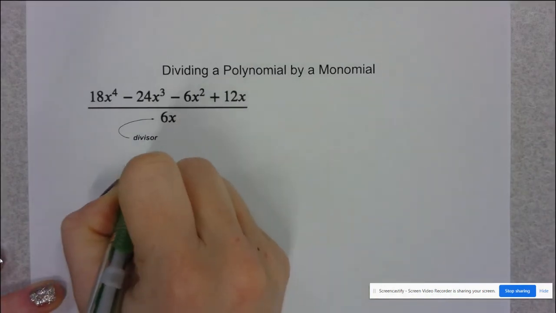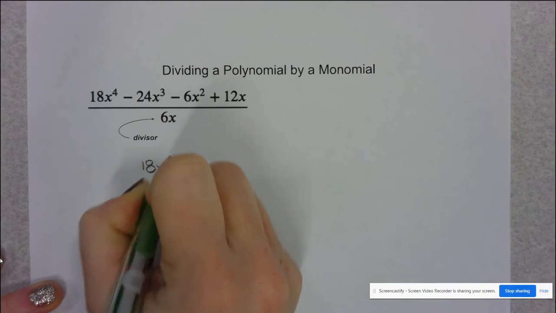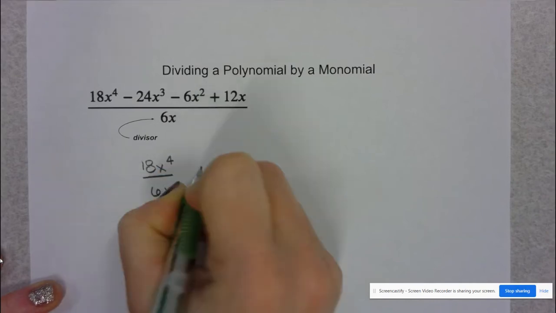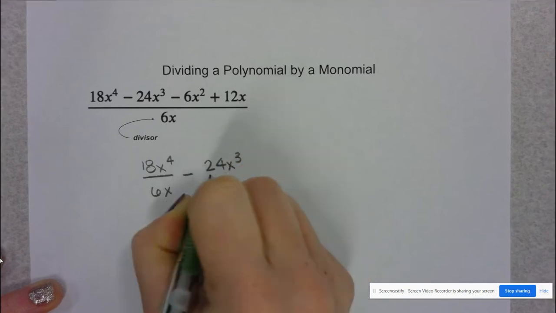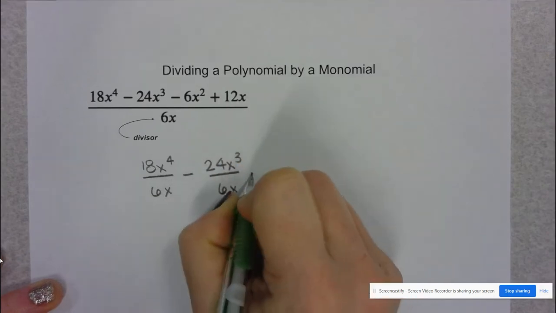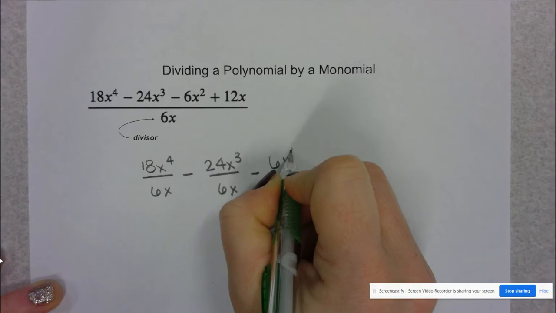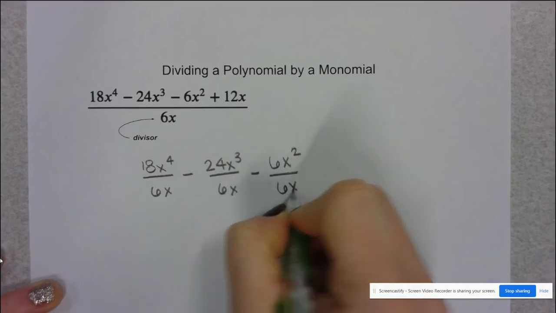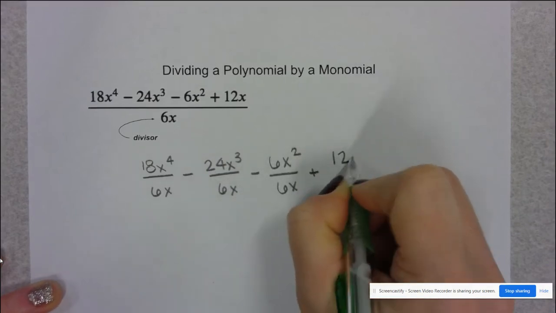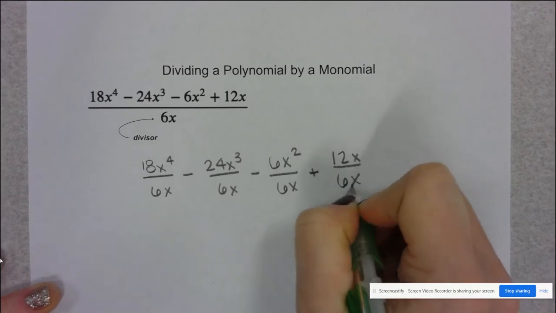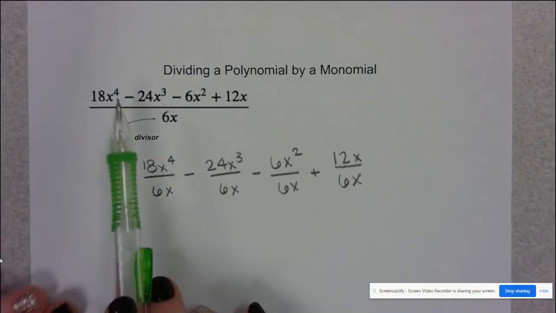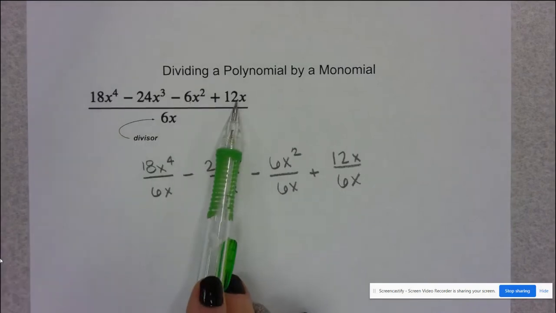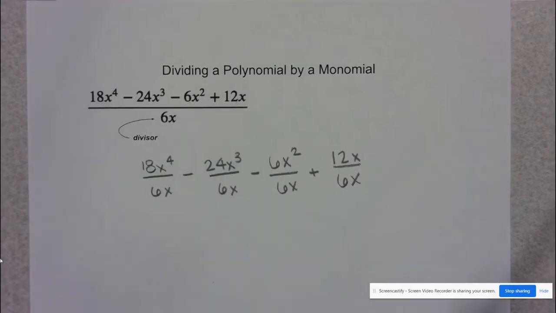So really what I'm thinking is 18x to the fourth divided by 6x minus 24x cubed divided by 6x minus 6x squared divided by 6x plus 12x divided by 6x. So now I have 4 different fractions to represent the 4 different terms that I had in the numerator.